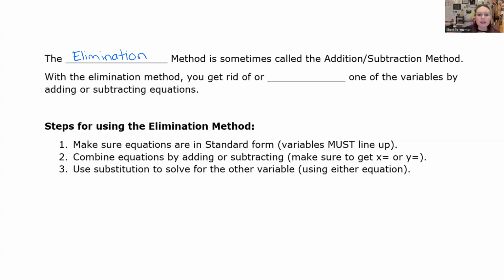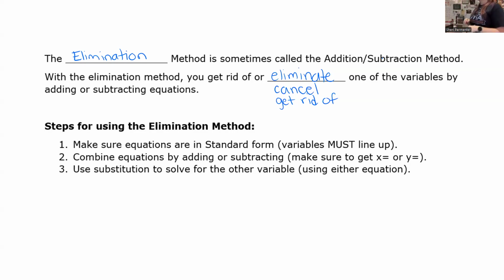And with elimination method, you get rid of or cancel or eliminate one of the variables by adding or subtracting. So eliminate, I'm going to write cancel, get rid of, all the same thing. So we are adding or subtracting the equations to cancel, get rid of, eliminate one of the variables.